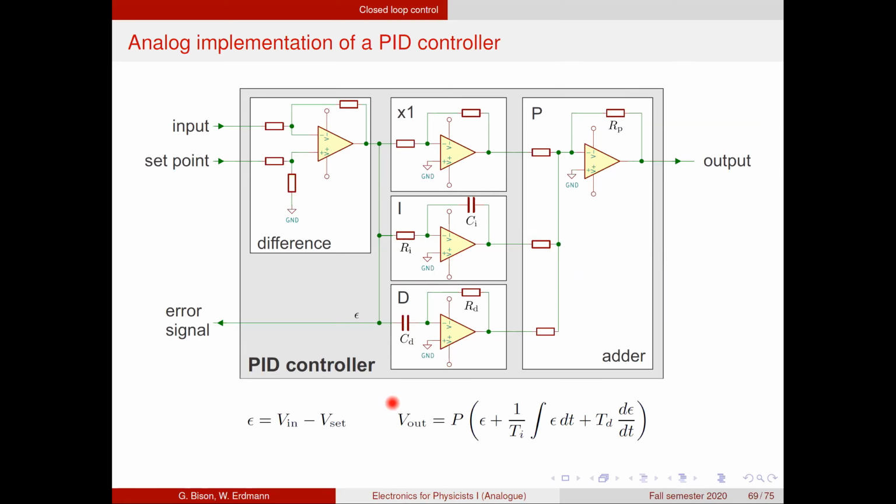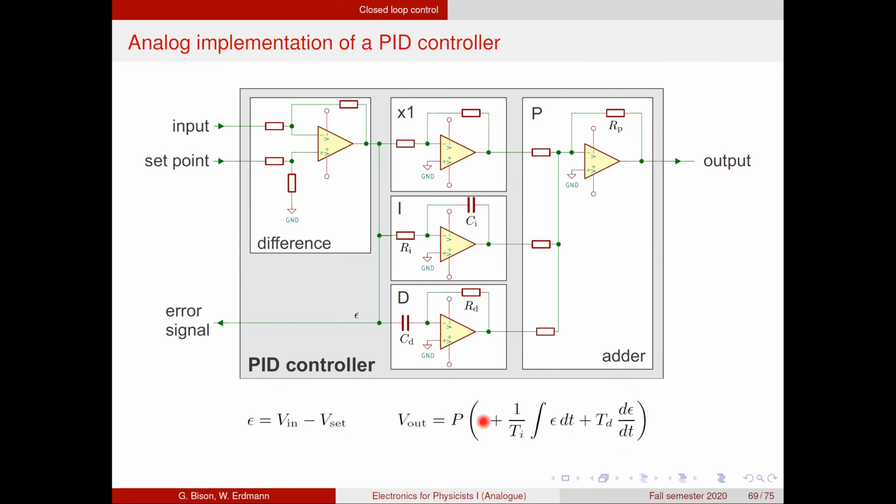So we again define our error signal as the difference between the input and the set point. And then we can calculate the output. It's the overall gain, P, for proportional gain, times one copy of the error signal that we got here, and then times the integration of the error signal, and times the differentiation of the error signal.